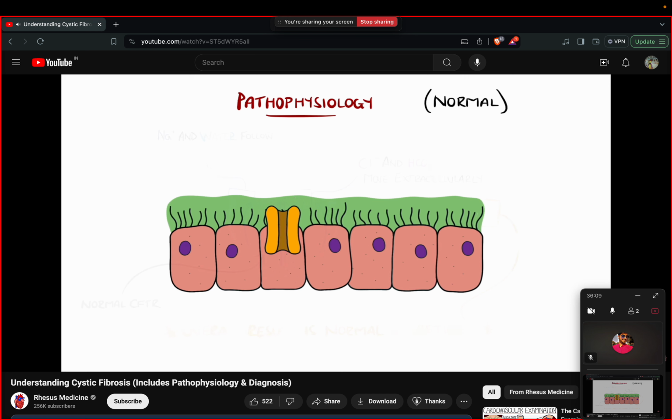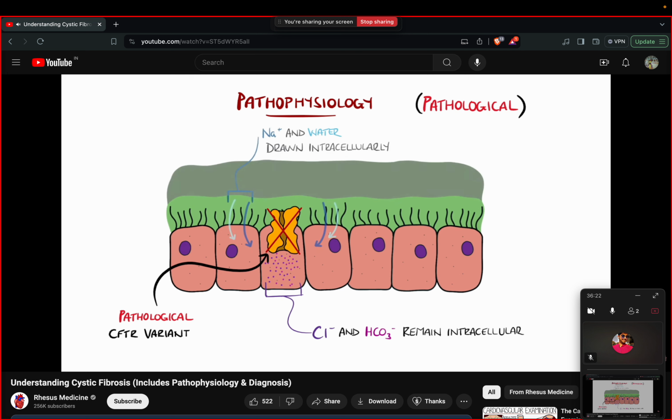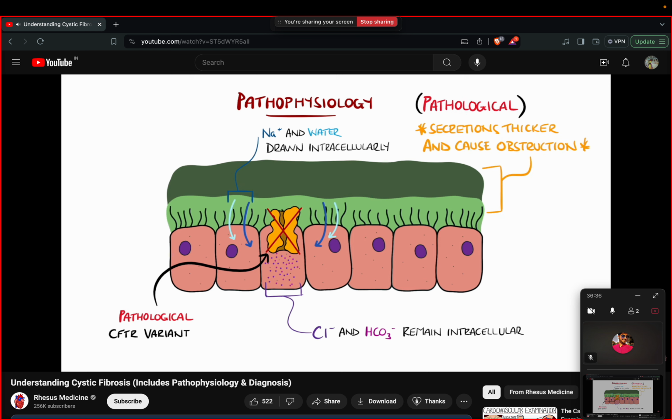The overall result of the variants in the gene, however, is decreased secretion of chloride out of the cells and consequently increased resorption of sodium into the cellular space, which therefore means more water tends to remain in the cell. This translates to thicker mucus on epithelial surfaces and more viscous secretions from exocrine glands, which generally predisposes them to becoming obstructed, leading to pathology.